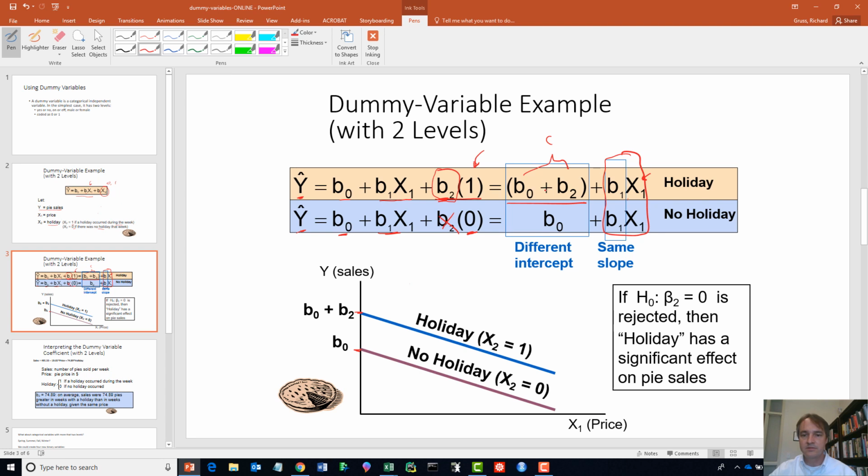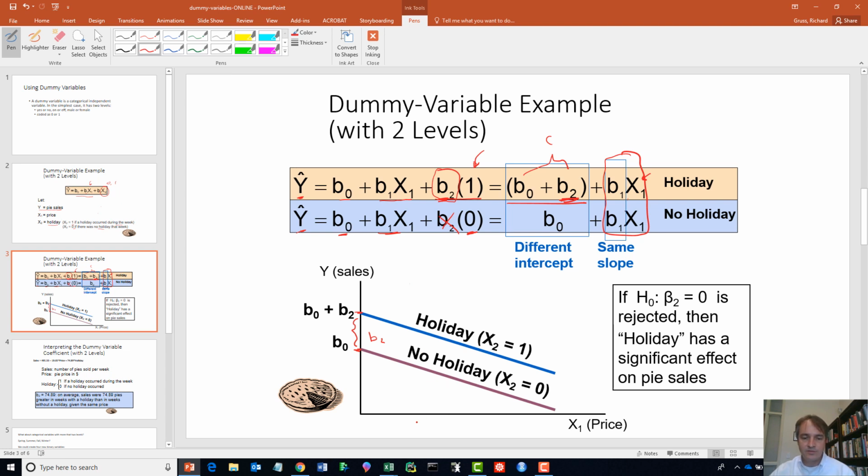Okay, so this is one intercept and this is another intercept. So this line here where it's not a holiday is here, and this line here where it is a holiday is above this line by this amount, right? So we're adding that B2 there to that intercept. So this difference here between this line and this line is just B2.